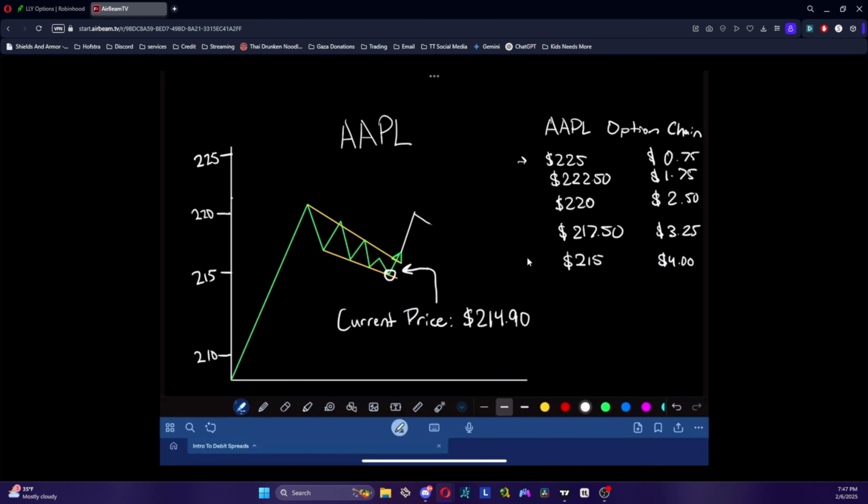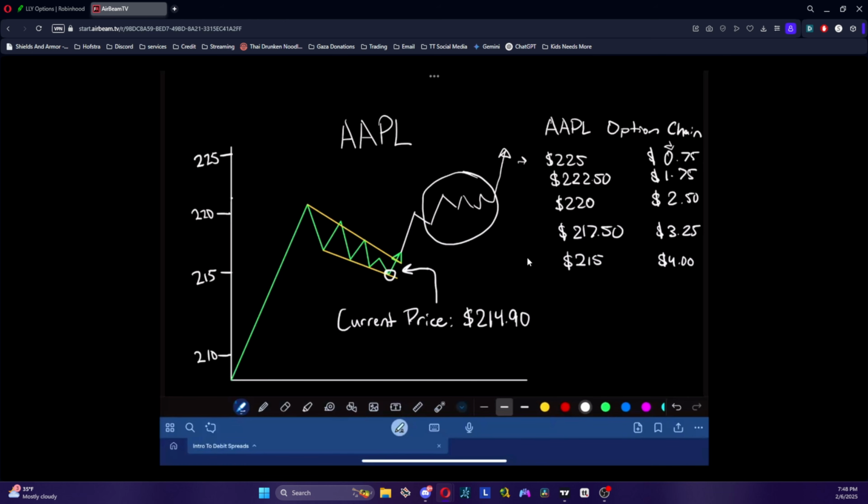If it rejects and does this and does this and does this, and then eventually gets to 225, this entire time you're going to get theta decayed. And you're going to sit there and feel completely idiotic for losing 40% or 60% of this option value because you were just stuck in theta decay and you got a far out of the money contract.